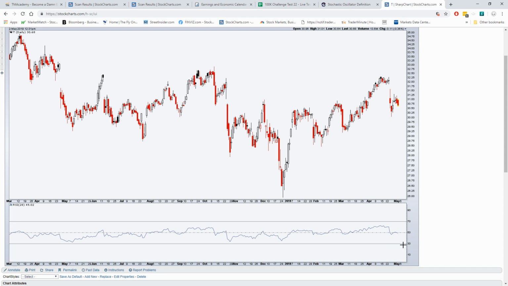You're going to see fewer actions, fewer elements coming into play, but you're going to be able to see the divergences better. You're going to be able to see the failure swings. Really, they're going to be dynamic when they happen. So if you're a longer-term trader, that's all you have to do. Back it on out.